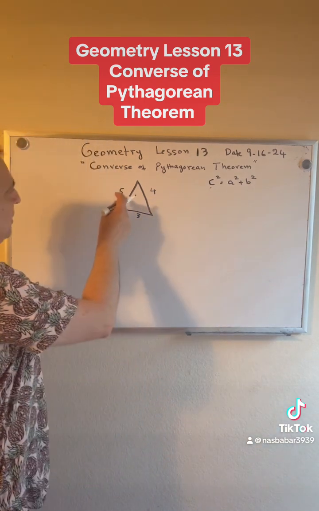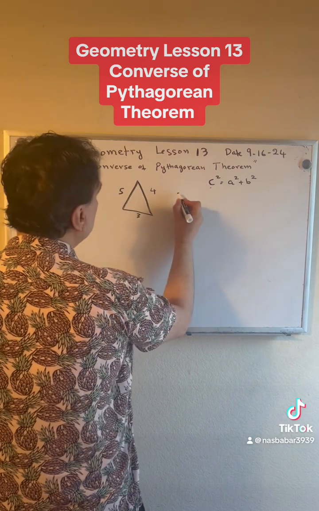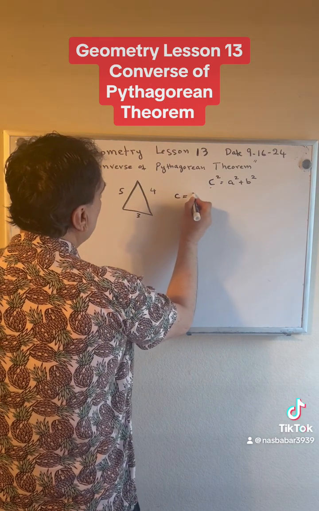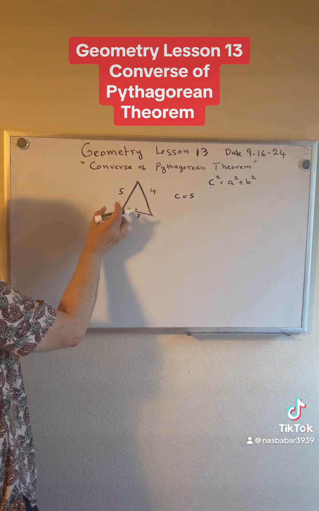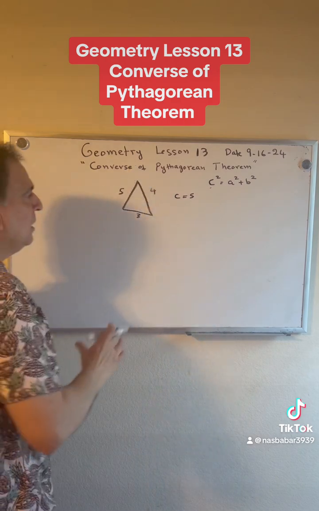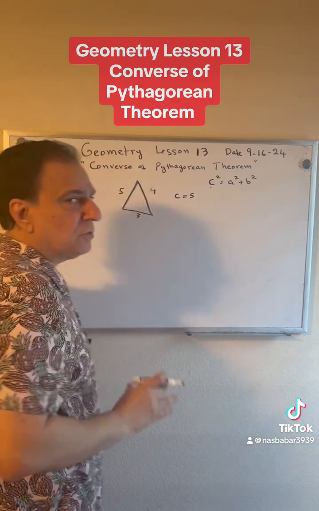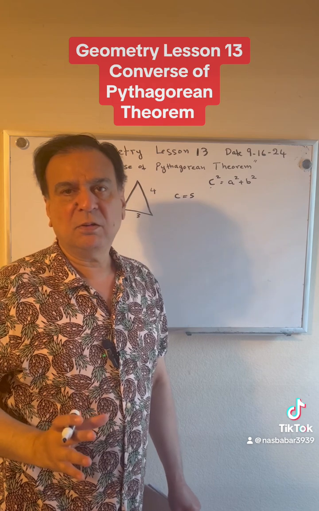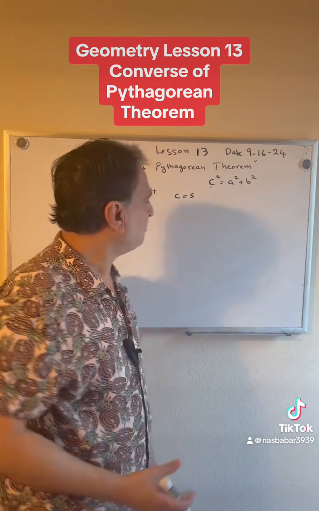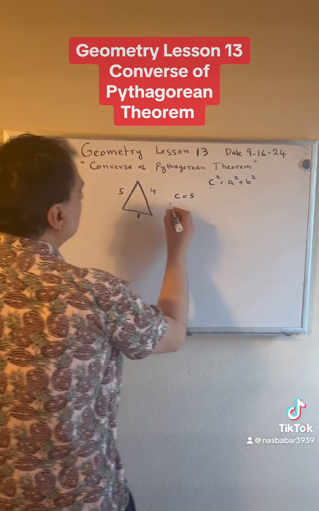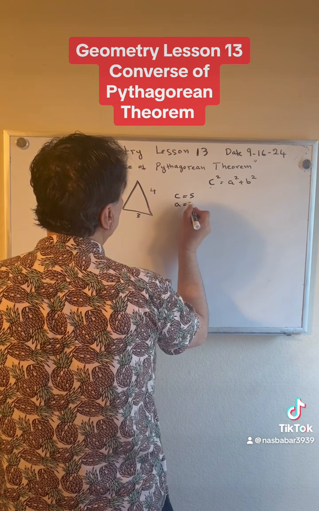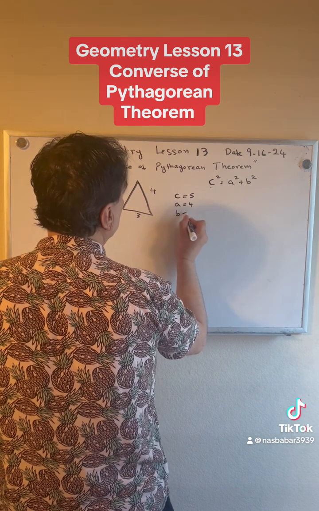So we can assume c would be equal to 5, because if you look at this triangle, 5 is the longest side. We don't know if this triangle is a right angle triangle or not, but we're going to find out. Then A is equal to 4, B is equal to 3.